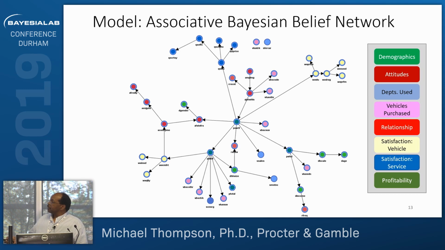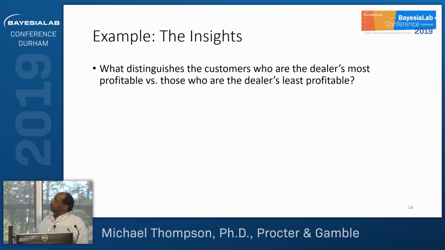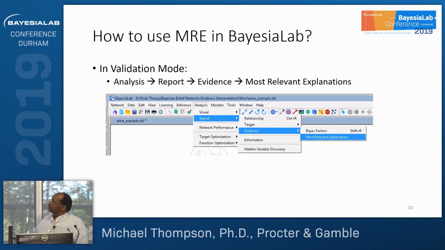The overall profitability score is in the center, and there are others around different aspects of the profitability for that consumer, or that customer of the dealership. And so we can build such a network and then ask questions around profitability, trying to identify what distinguishes the most profitable customers versus the least profitable customers.